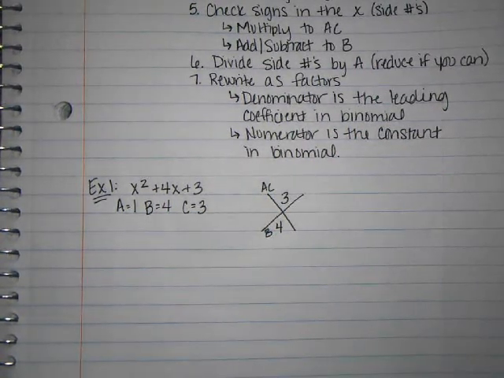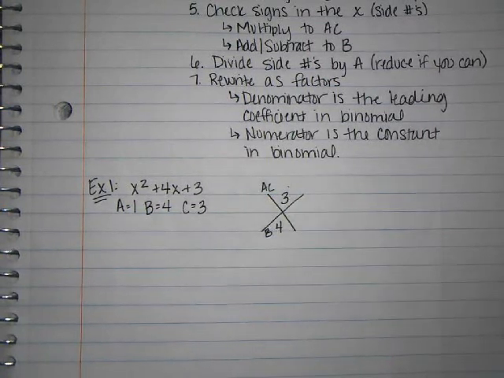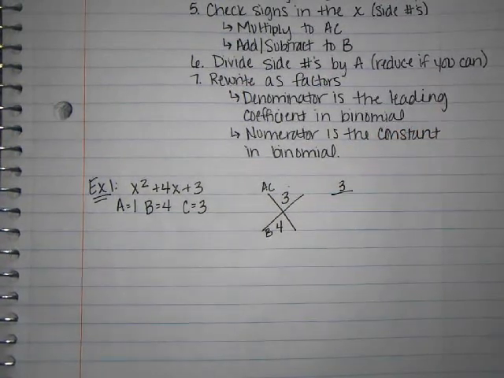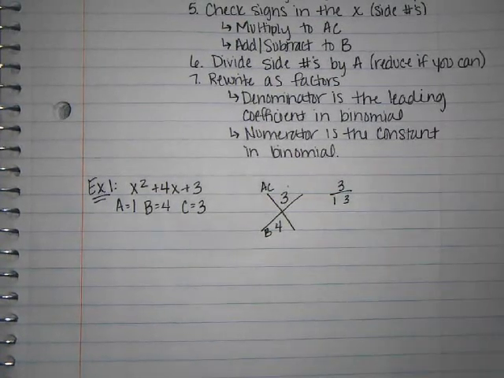So that's steps 1 through 3 already. Step number 4 is to find the multiples of 3. So we're looking for the numbers that multiply to 3, and we started with a very simple example because the only multiples of 3 are 1 and 3.